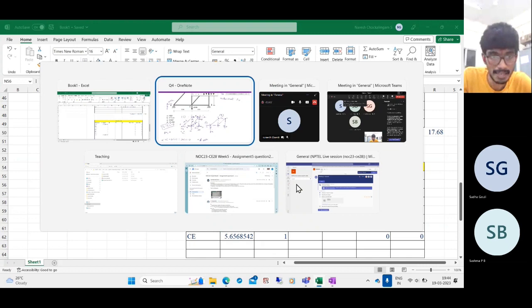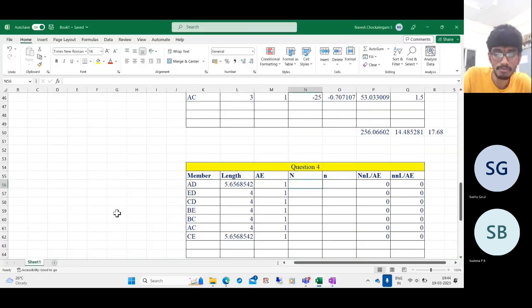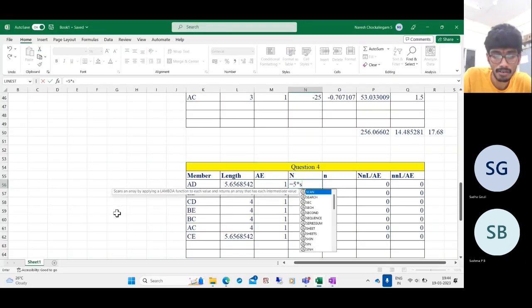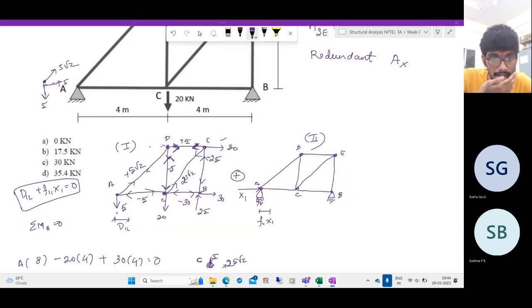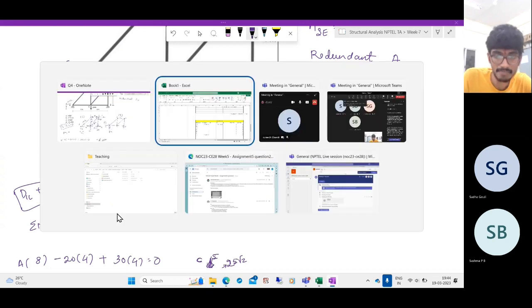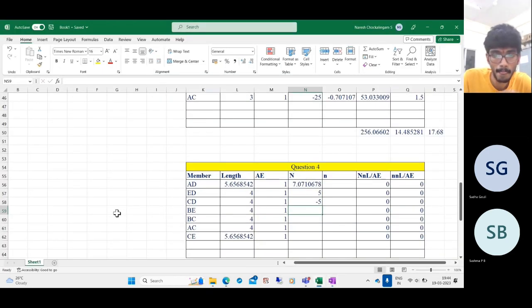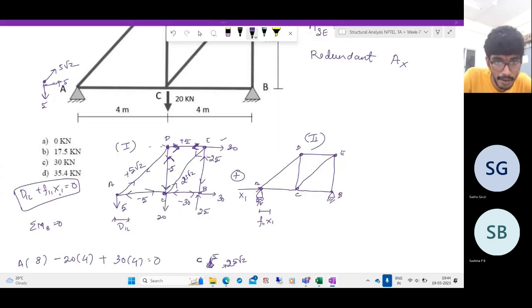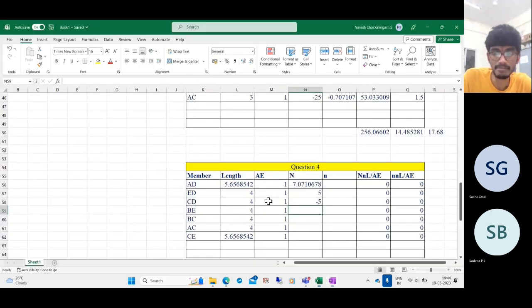What are the member forces? AD, it is 5√2. ED, it is 5. CD, it is -5. BE, it is -25.